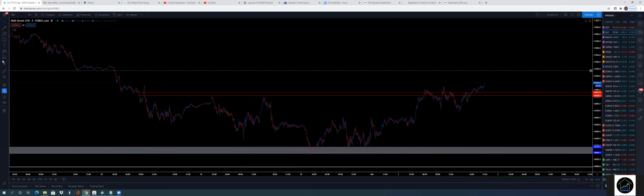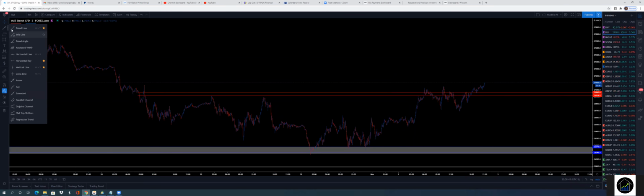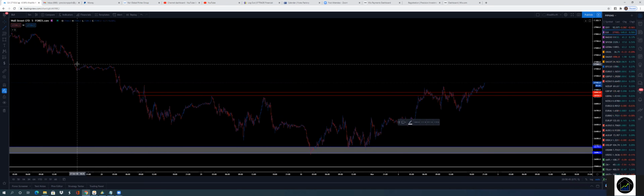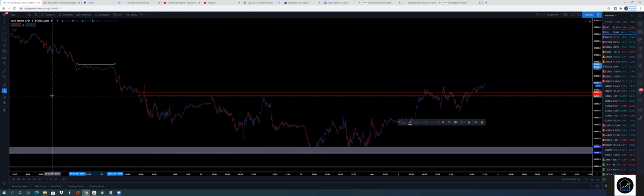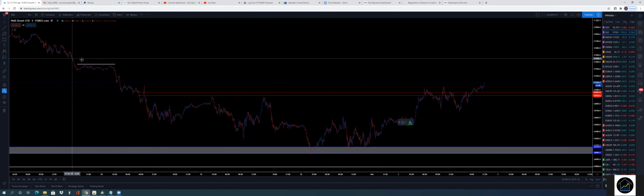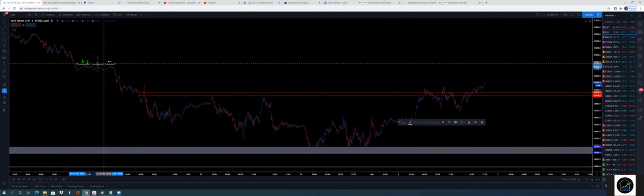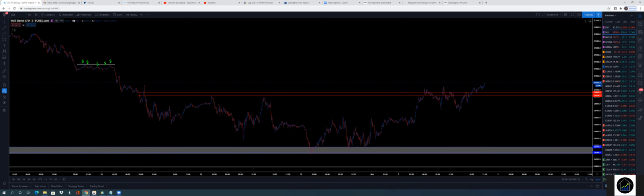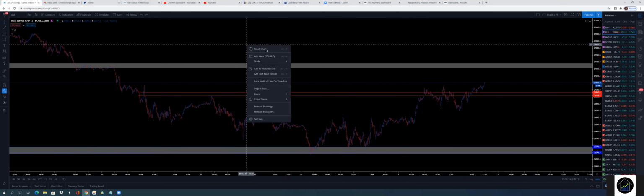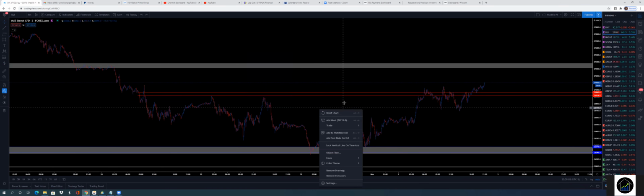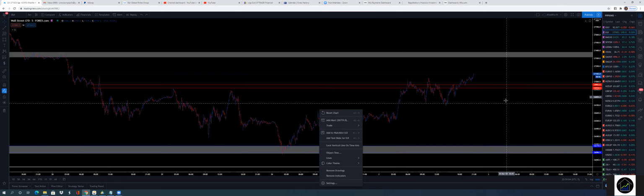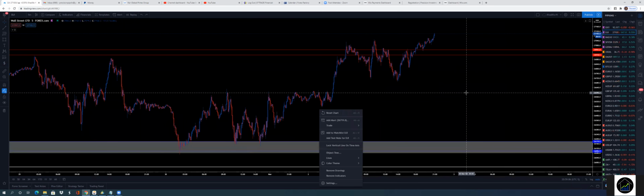If I just draw a horizontal line across there, you'll see how clean that looks. So you already know what that is right there, money. And as you can see, price is already pushing in that direction.